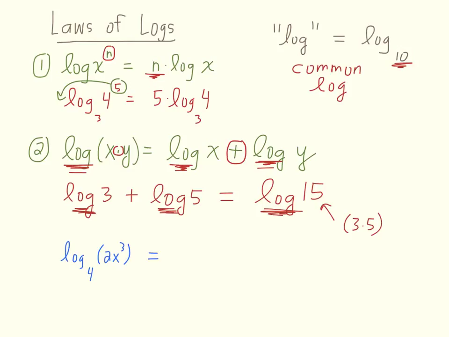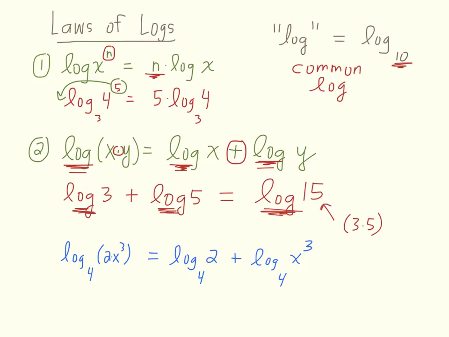Suppose we're looking at log base 4 of 2x cubed. Well, we can expand this out. Again, we're not talking about the common log here. We have a log with a base of 4. Understand there's really a product there, so the first part is log base 4 of 2, plus log base 4 of x to the third.